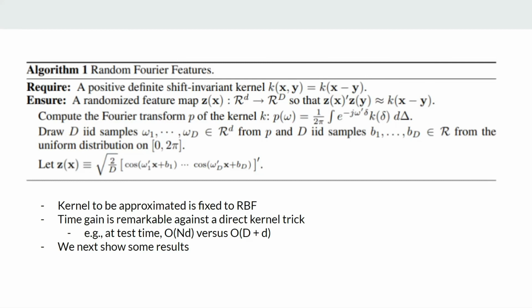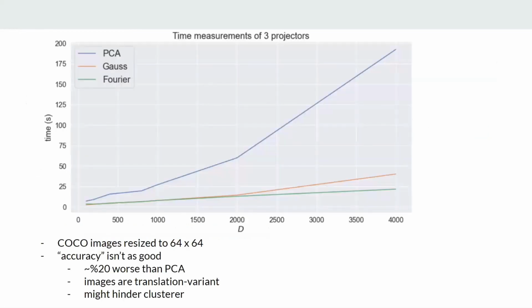As I said, we use the Gaussian kernel for this, and the theory says if you were to test a new image under these transformations, by testing, I mean you put some linear classifier on top of these projections, then at test time, instead of kernel shrinking, the ND versus D plus D appears, which is a very considerable improvement. So we expected this time improvement, and we see that here.